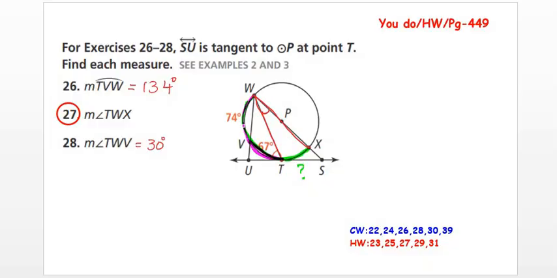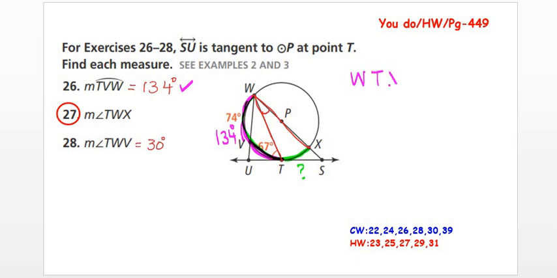WVT, how long is this arc? We already know arc TVW, or arc WVT, it is the same, it is 134. So this pink arc is 134 degrees, right? Even if you do not know, 67 times 2 will give you the value of this arc. It is a semicircle, so I can find this whole arc WTX.